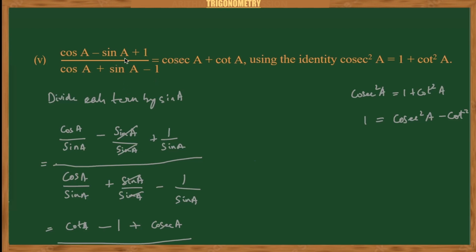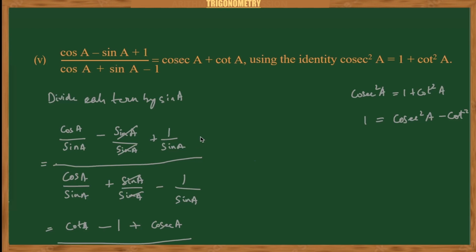Here we got it already in divided format, but not in sine cos format, so we went ahead with the division by sine A, and solving further resolved it. So just remember: first, replace with the formula if you can. If not, simplify by dividing by sine and cos. Third, resolve the equation you have got by putting in the right identity. That's how we can solve this sort of question in trigonometry.